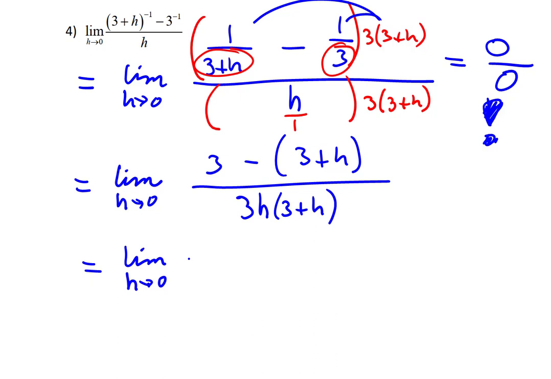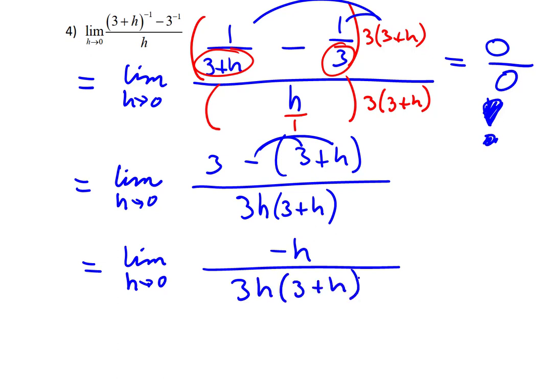Now, in our function, if we look at the numerator, we can distribute this negative sign to the 3 plus h we have from our previous step, which actually gives us 3 minus 3 minus h, also known as negative h. And then down in the denominator, we have this 3 times h times 3 plus h. But now notice what's going to happen.